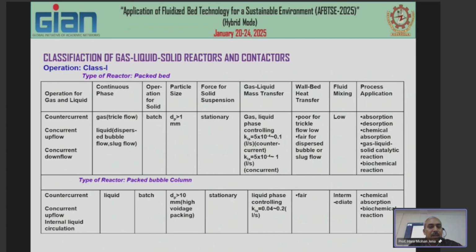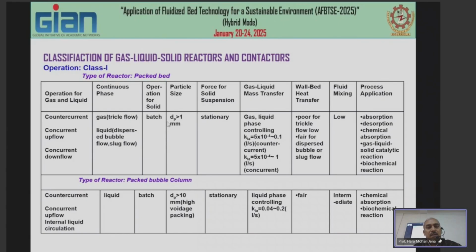So in column 1, as you see, it is counter-current, or concurrent upflow, concurrent downflow. When the continuous phase is the gas, there is trickle flow, that means the liquid trickles down. And when the continuous phase is the liquid, the gas moves in the form of bubbles, dispersed bubble flow, or slug flow.